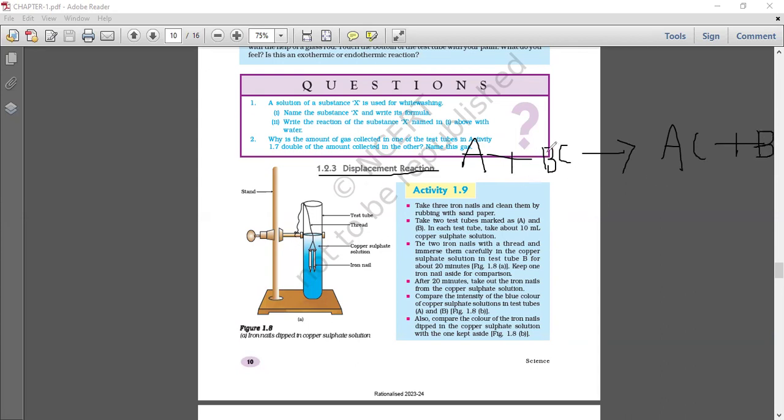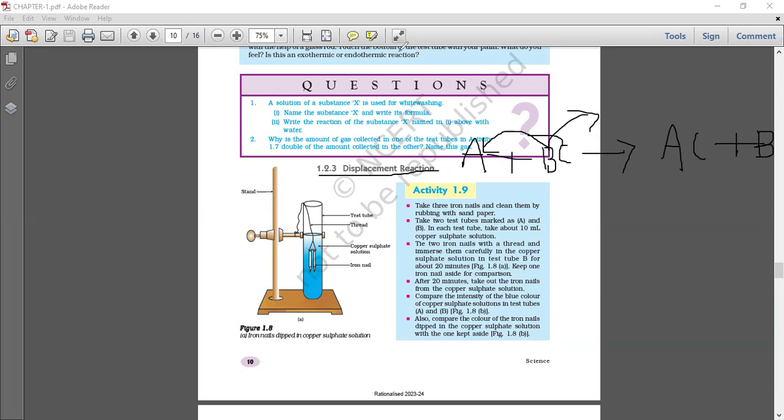Displaced means changed place. C is displaced and joined with A, and B was removed from the compound. So this is an example of a displacement reaction.